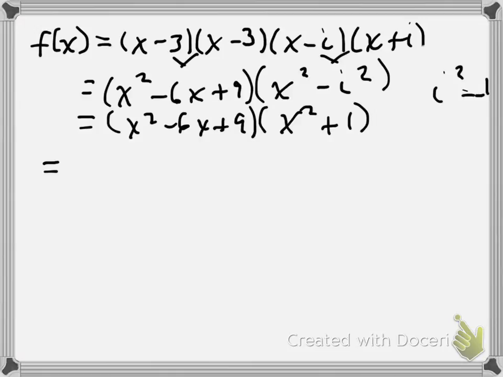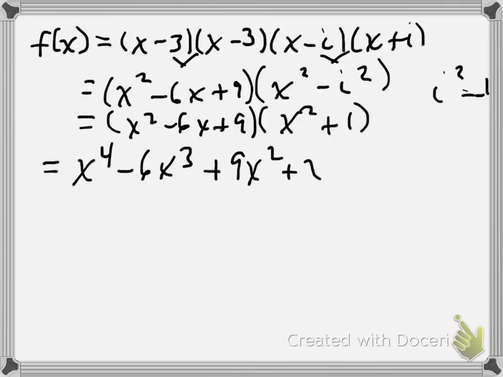Alright, and now I got to go ahead and expand this by distributing. So x squared times x squared gives me an x to the 4th. x squared times minus 6x gives me a negative 6x cubed plus 9x squared.